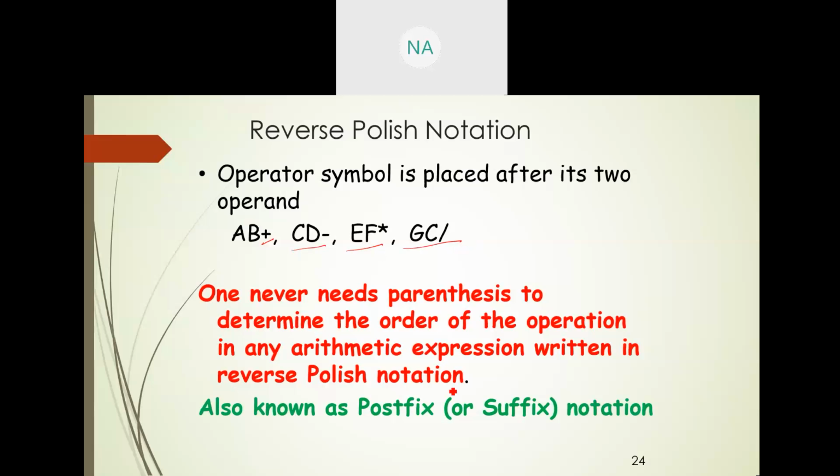So for both the Polish notation expression and reverse Polish notation expression, we don't need to specify the position of parentheses. They are automatically determined. Reverse Polish notation is also known as postfix notation or suffix notation, because here the operator is used as a suffix, it comes after its operands.